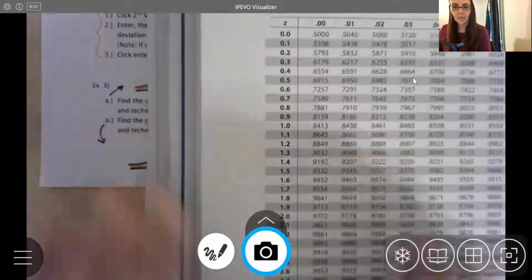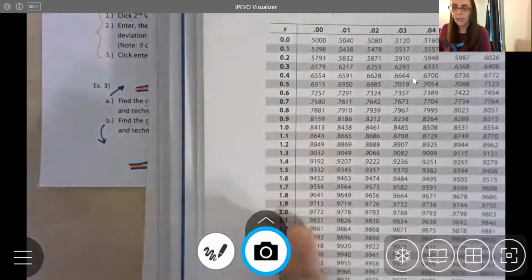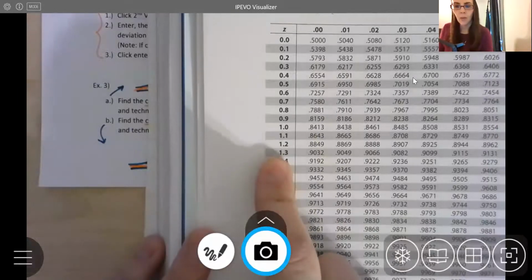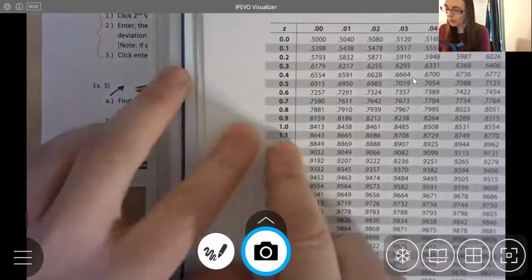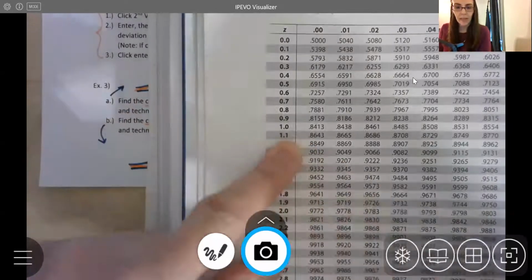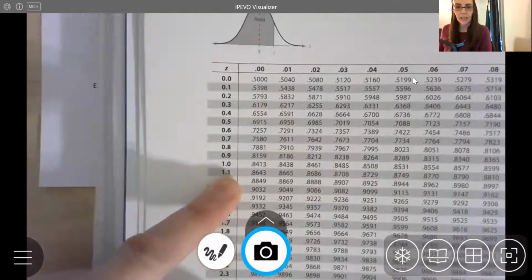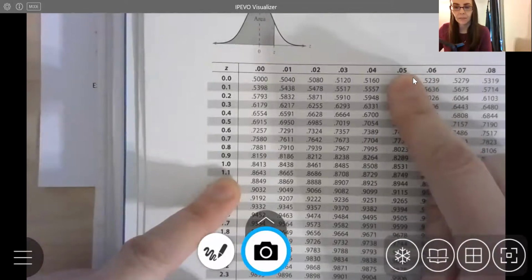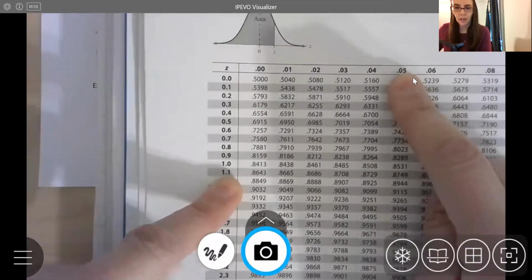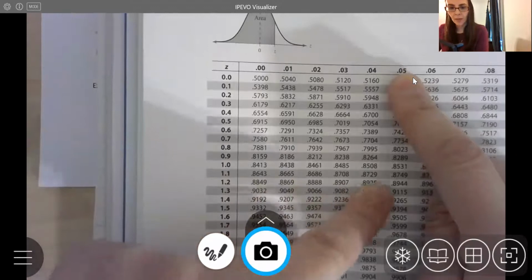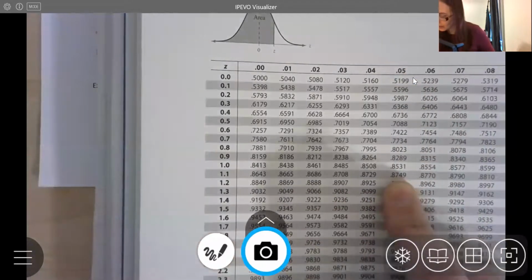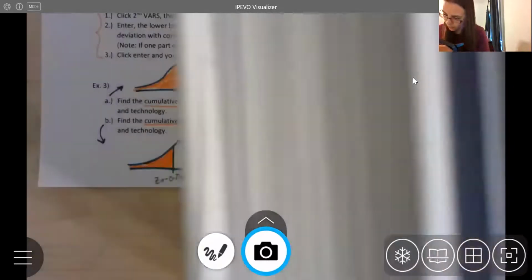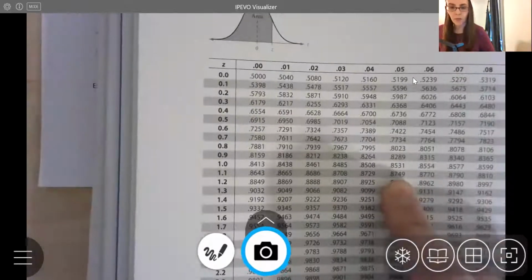So on the table, see on the left here, you have your beginning values. So my value is z equals 1.15. So I need the 1.1 first. And then that hundredths place is from up top here. And then you're going to go across and match. So when I match these up and I come down here, I see my value is 0.8749, which is exactly what we got before.